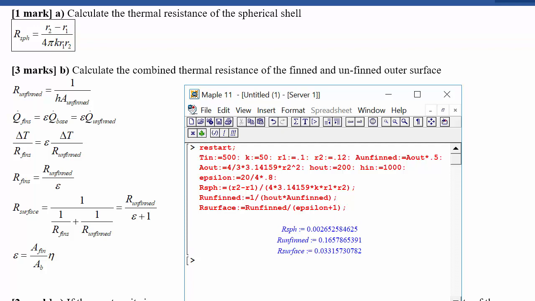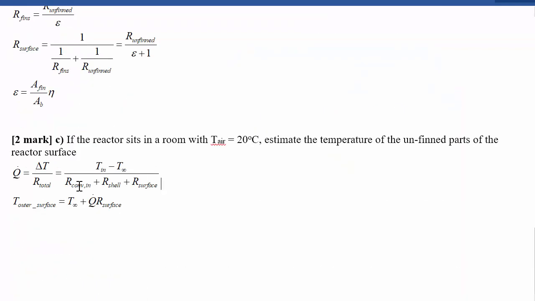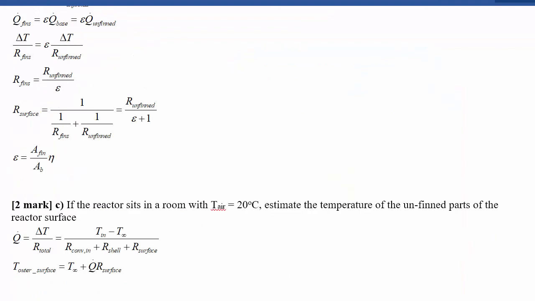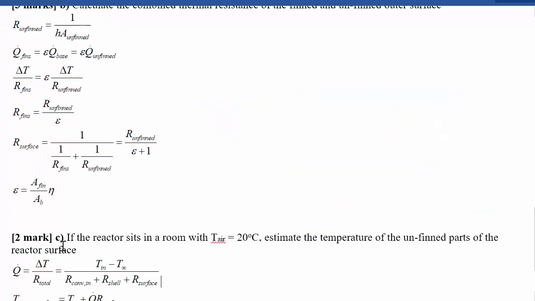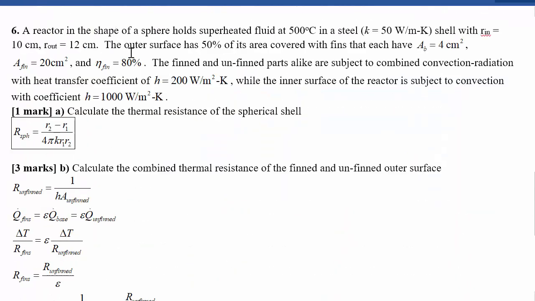Next, the final part, we can figure out the total heat flow. Q dot is T in minus T infinity. Did we call it T infinity? We didn't define that yet. Okay. T inf is 20 degrees, I think.